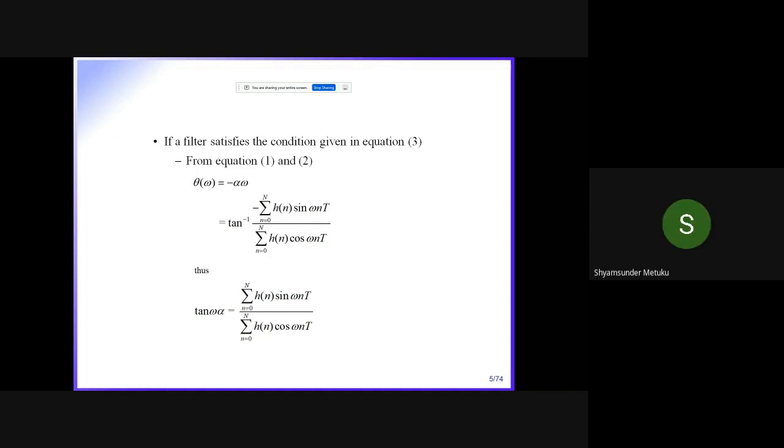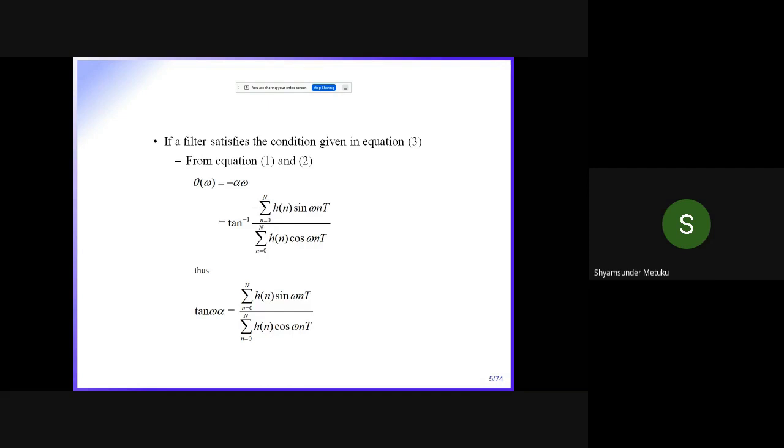Yes. Then you can do the cross multiplication. Tan omega alpha can be written as sin omega alpha by cos omega alpha. Then you take the cos omega alpha from the bottom and multiply with the right hand side, cross multiplication.